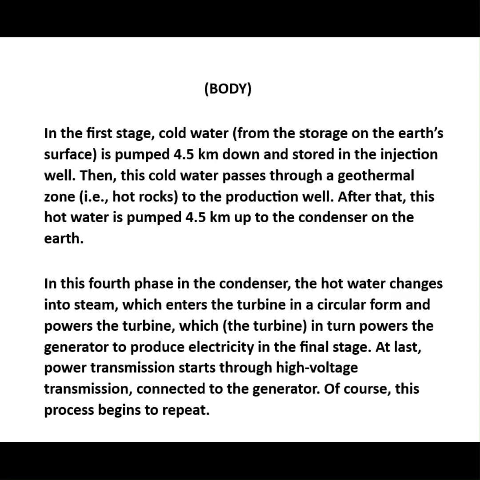The next paragraph. In this fourth phase, in the condenser, okay, still we are in the fourth stage or phase, the hot water changes into steam, which enters the turbine in a circular form and powers the turbine, which in turn powers the generator to produce electricity in the final stage.